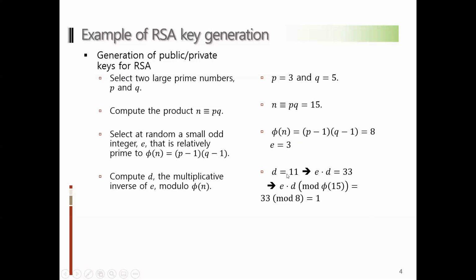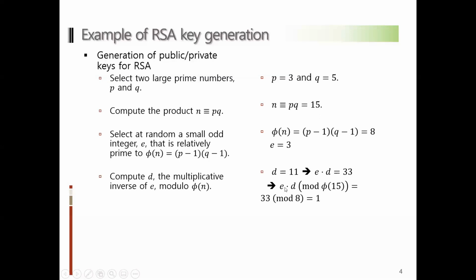What I mean is that if you multiply d by e, which was 3, you will obtain 33. But if you consider the product of these two values modulo 8, then you know that this will turn into 1.